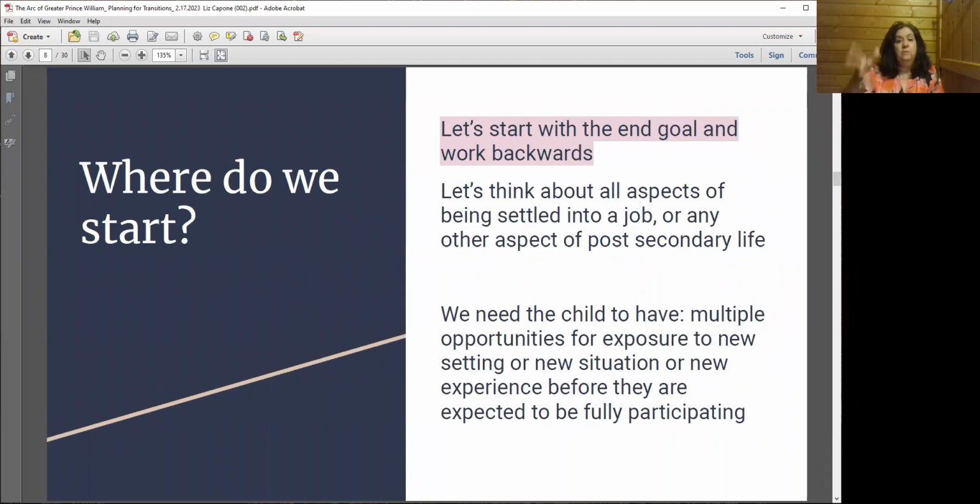Those same strategies could be used for looking at recreational opportunities once a student finishes their secondary education. It could also be for looking at housing. Look at what works for your son or daughter, and then go from there. So let's think about all the aspects of being settled in, and then work backwards.